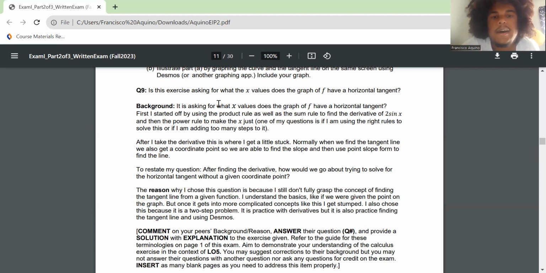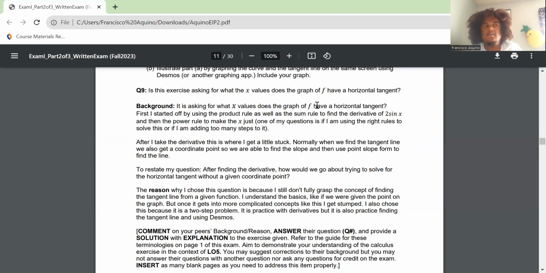And now to zoom in on the background, this person says that to take the derivative of 2 sine of x, they used the product rule. Now that's incorrect, because the product rule, which is the derivative of f of x times g of x, where f and g are 2 functions, is basically where you take f times g prime, and then add it to f prime times g.